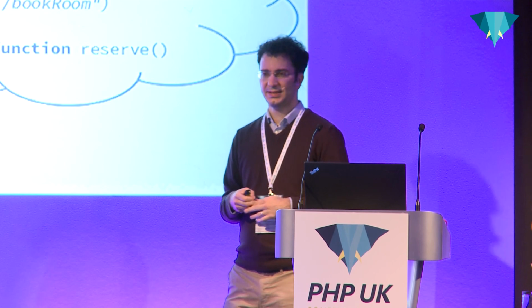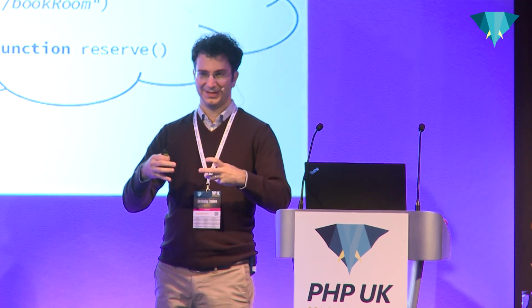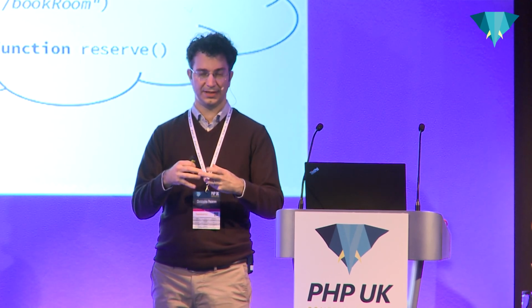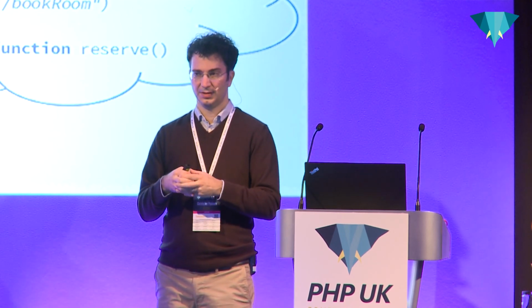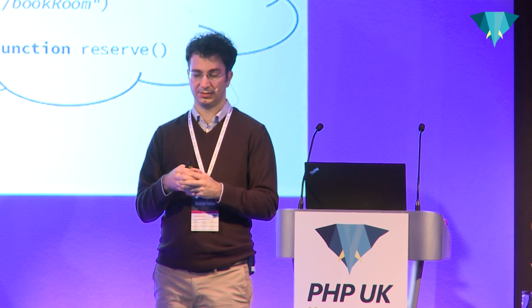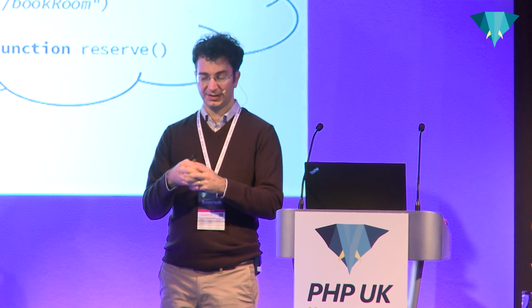Another advantage is that the router annotation keeps the method together with its annotation. So just as we document, we basically have living documentation, because the post book room is actually what is going on, and the reserve is actually the method that would be executed.